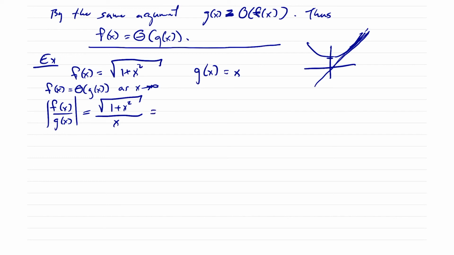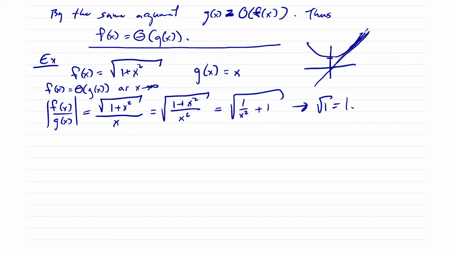All right, so what does this give me? Well, I can rewrite x as the square root of x squared, and I can write it like this. So I have 1 plus x squared over x squared, and then we get the square root of 1 over x squared plus 1. And as x goes to infinity, this goes to the square root of 1, which is just 1.